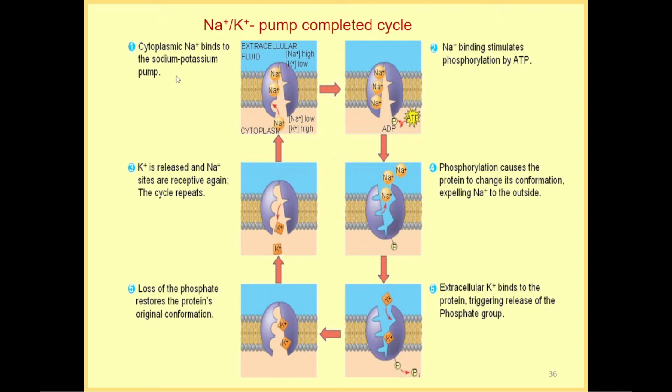Then sodium binding stimulates phosphorylation by ATP, and you can see three sodium ions bind to the integral transmembrane protein, and after this ATP is broken down, it is better to say hydrolyzed, into smaller parts, into ADP and a phosphate fragment.